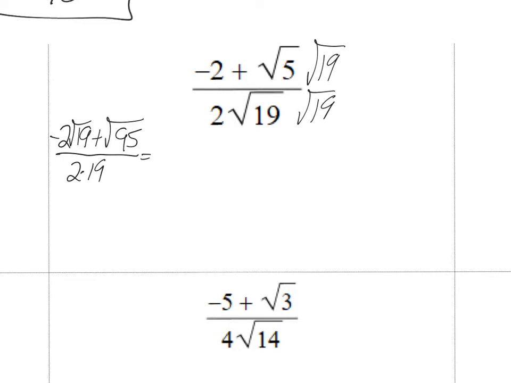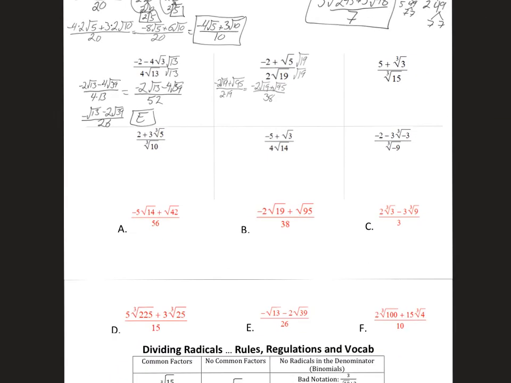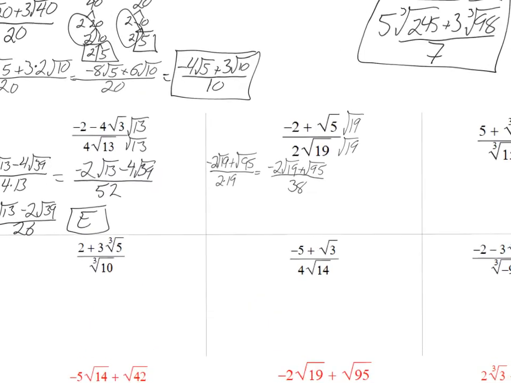Okay, so let's look at this. Well, negative 2 radical 19 plus radical 95 over 2 times 19 is 38. And then I can't simplify any of those, so looks like my answer is B.